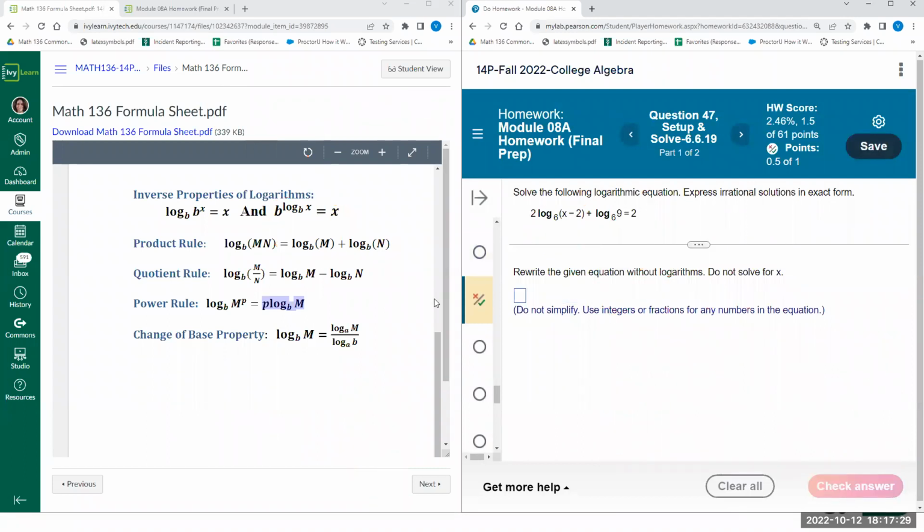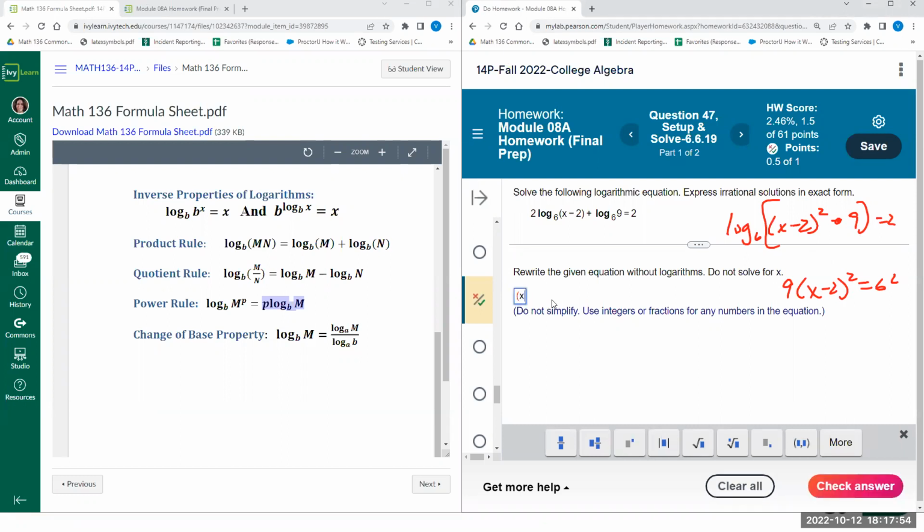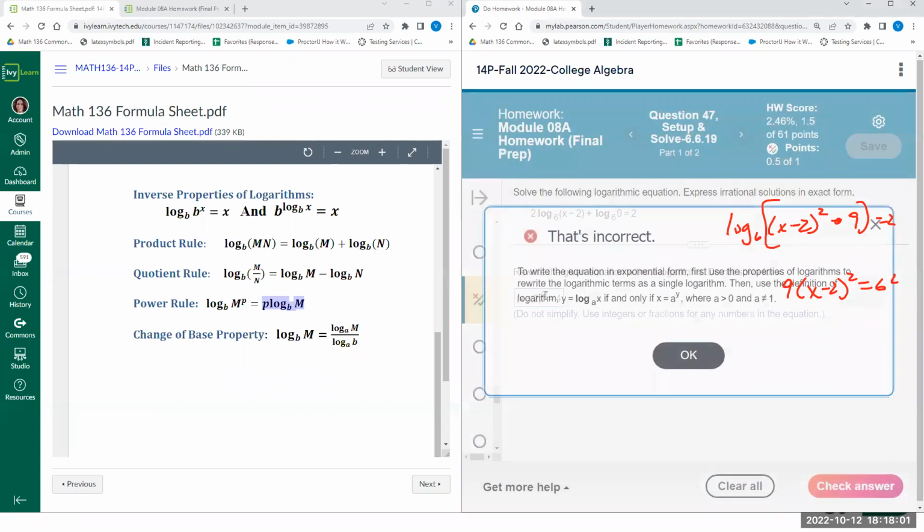So here, like I would have log base 6 of 9 times (x minus 2) squared is 2, so 9 times (x minus 2) squared equals 6 squared. So if I went ahead and went to the step where I have (x minus 2) squared equals 4.